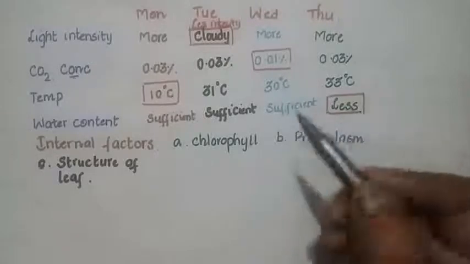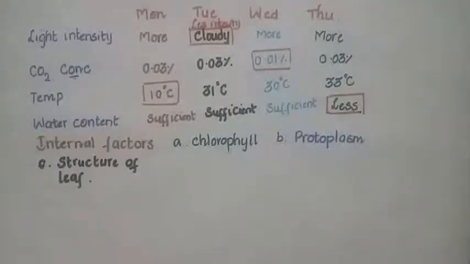Okay, so just now I said that if there is a less amount of water in the plant, or if there is a less absorption of water by the roots and more transpiration, automatically the stomata close and inward diffusion of carbon dioxide does not occur, which will reduce the rate of photosynthesis.